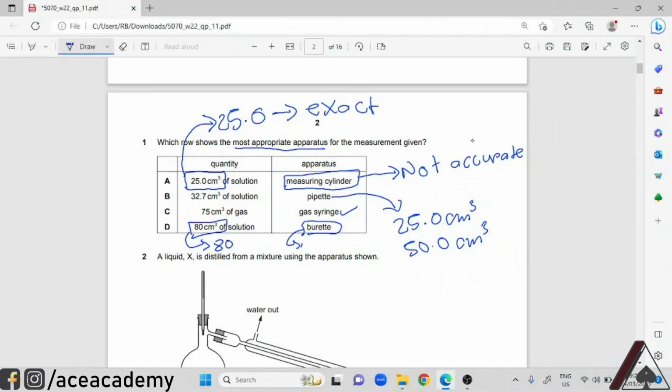As a result, since burette is more accurate, we would of course measure something that has a decimal value in it with the burette, not something like 80 cm cube which doesn't have a decimal value with it. So answer is option C.